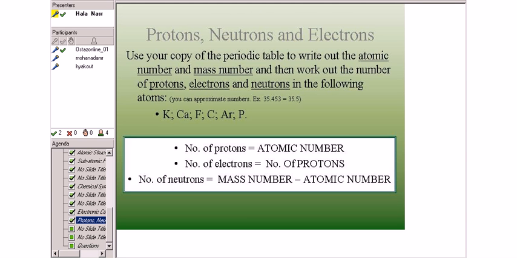I'll write down the proton number of each. So here it's 19, and here is 39. So potassium is 19, 39. Who can figure out the atomic mass number?